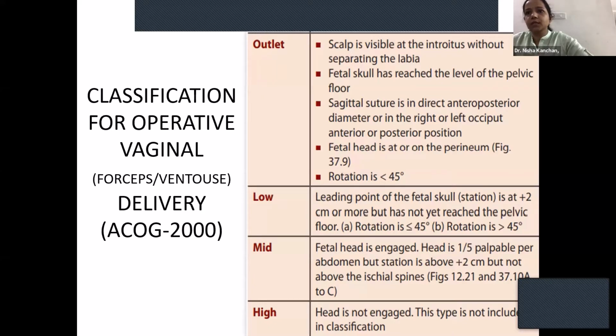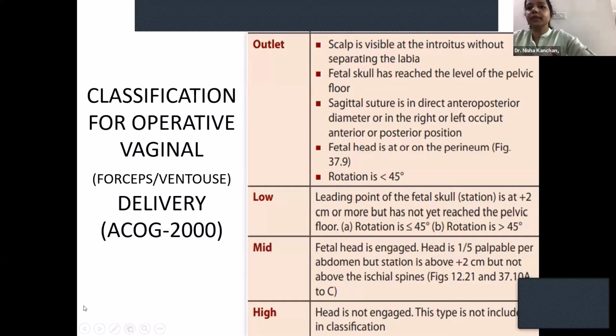Station is assessed when you do a PV examination, go laterally to the pelvis, and feel the ischial spine. When you feel the ischial spine and the baby's head is at that level, that is 0 station. For every centimeter above the ischial spine, it is -1, -2, -3, -4, -5. And every centimeter below the ischial spine, when the skull has gone 1 centimeter below, it is +1.